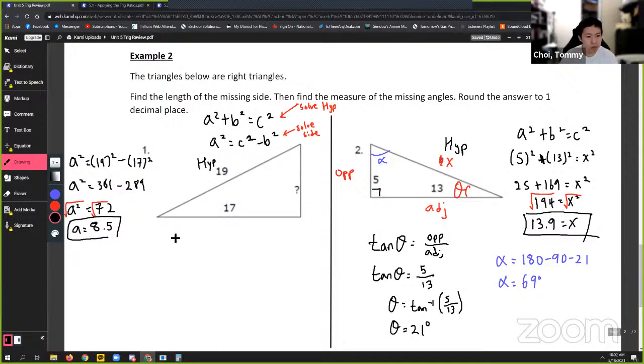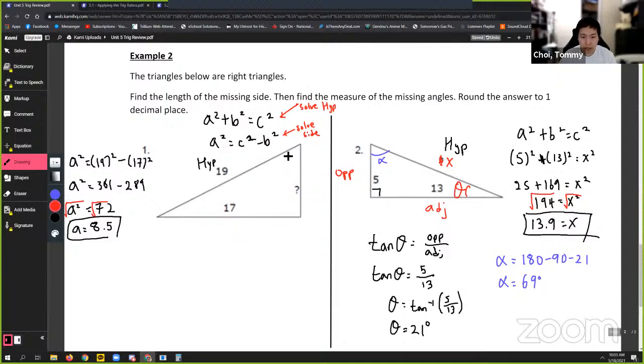The second part here depends on which angle you picked. Some people I see already picked this as theta. Some people picked this as theta. It doesn't matter which one you picked. If you picked this one as theta, you would have gotten adjacent and opposite here, which means you used cosine.